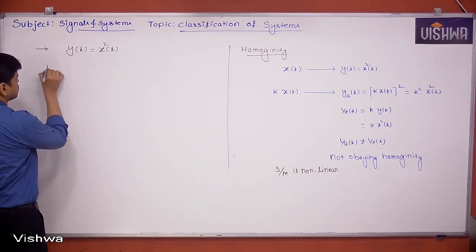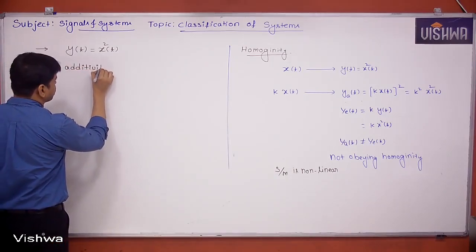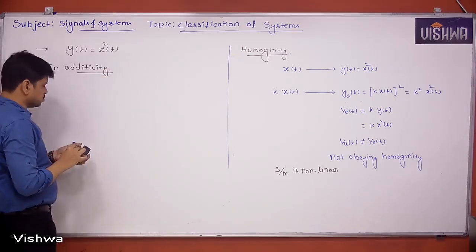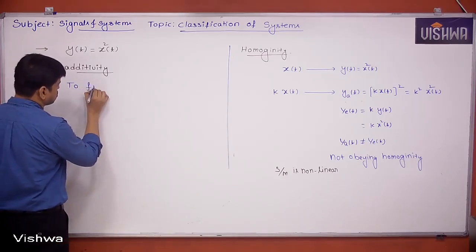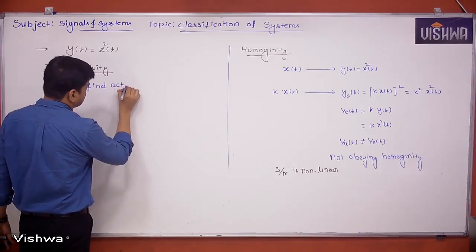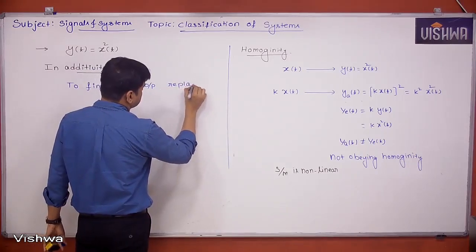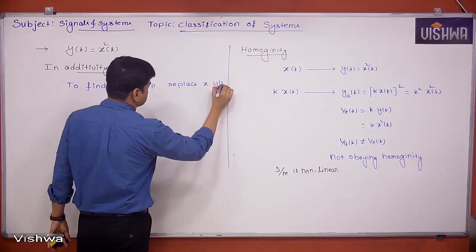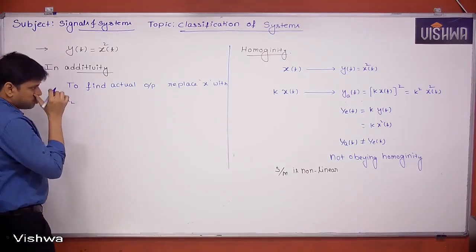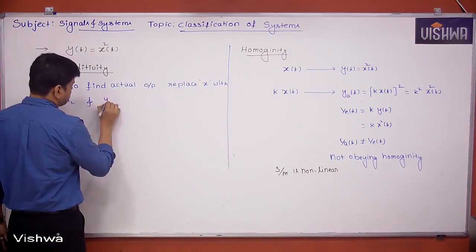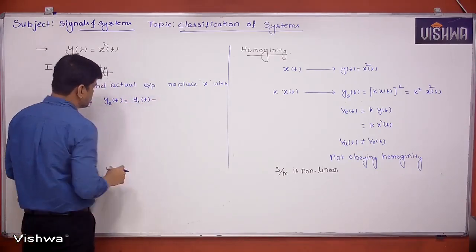So to check for additivity, whether the additivity principle is satisfied or not, to find the actual output, replace x with x1 plus x2, and the expected output is y of t equal to y1 of t plus y2 of t.